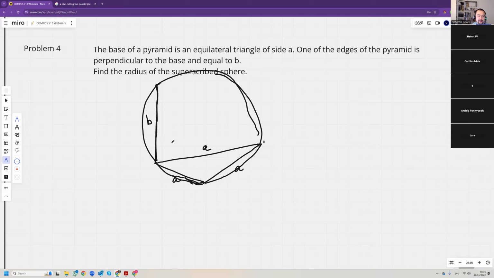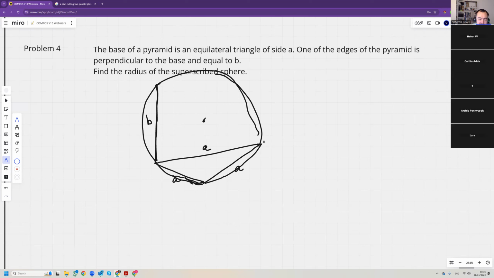Well, for simplicity, I'm just going to draw. I don't know if it's actually going to be simple, but yeah.